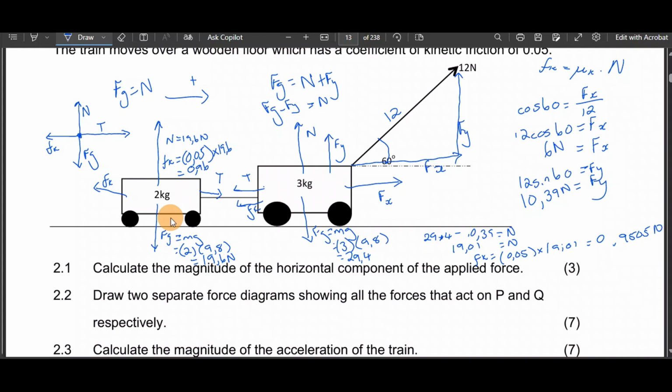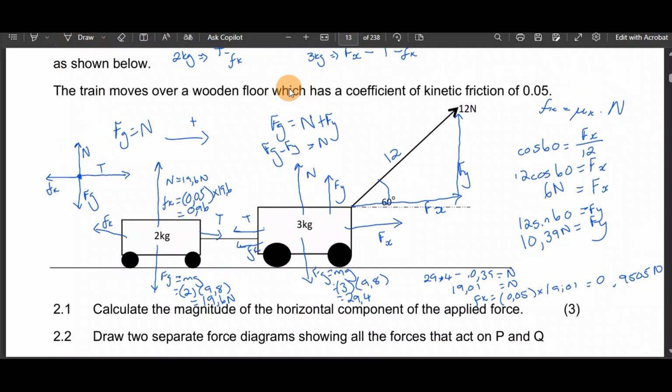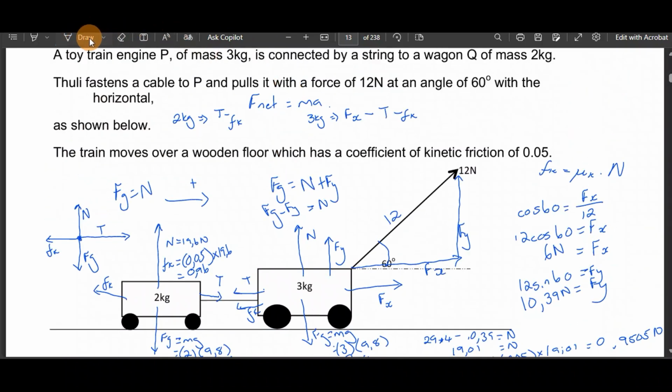Okay, so now we have all the forces acting on these objects, right? I have my mass right here, so I'm going to equate it to ma, right? Because my mass is 2 kg for this one, I now have 2a is equal to T minus 0.96. I don't know T, but I know my friction is 0.96.